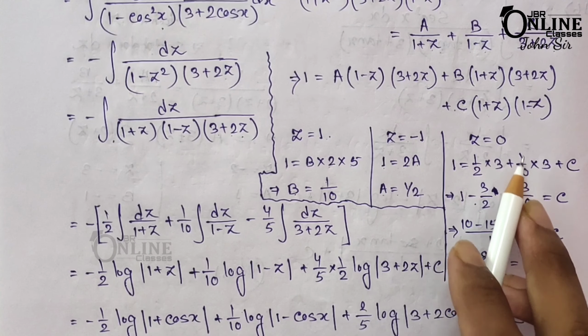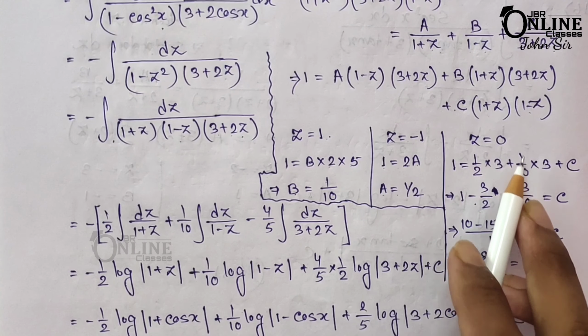Okay, so as here a equals 1 by 2, first one is minus 1 by 2 integration dz by 1 plus z. b equals 1 by 10, then 1 by 10 integration dz by 1 minus z. And c equals minus 4 by 5, so minus 4 by 5 integration dz by 3 plus 2z.